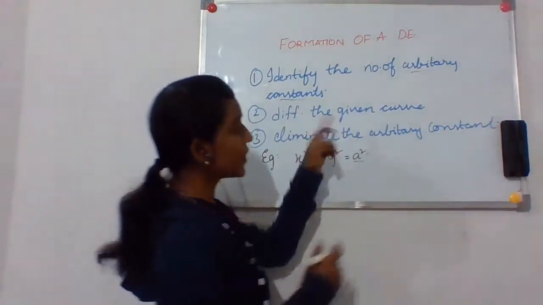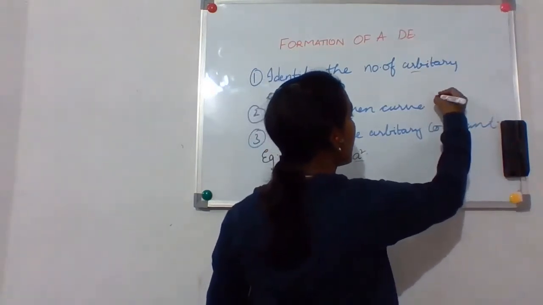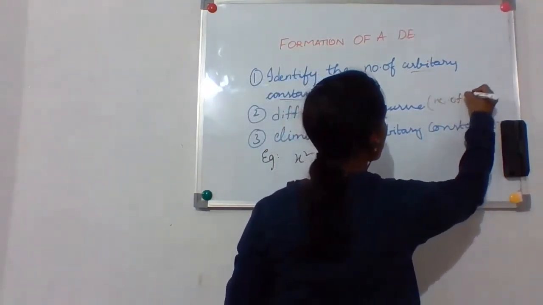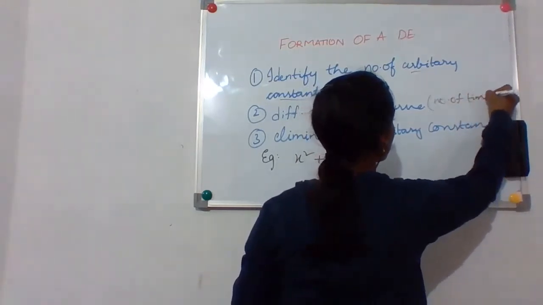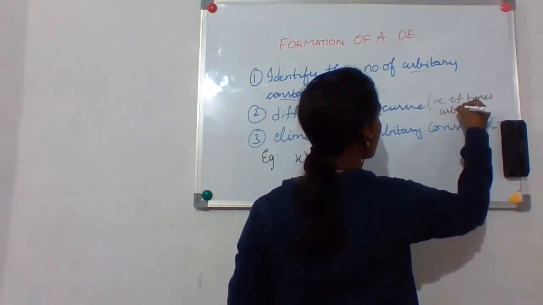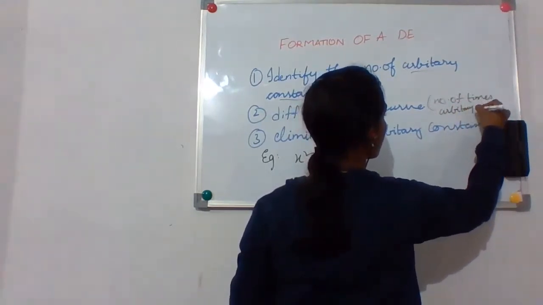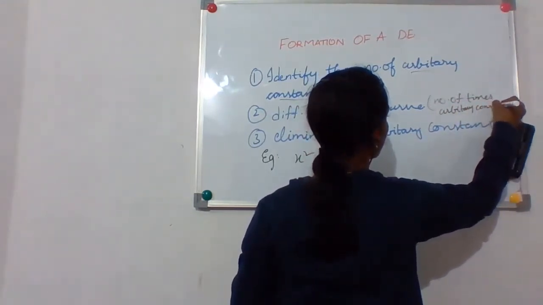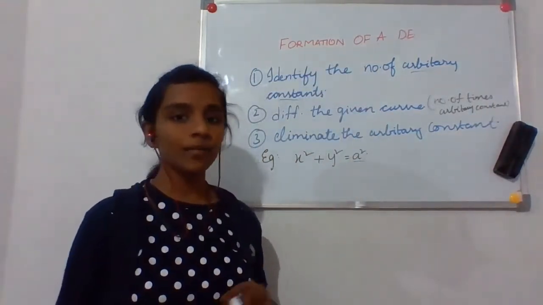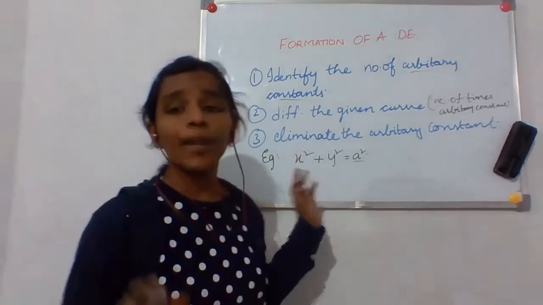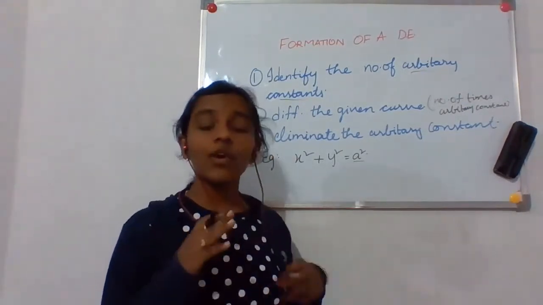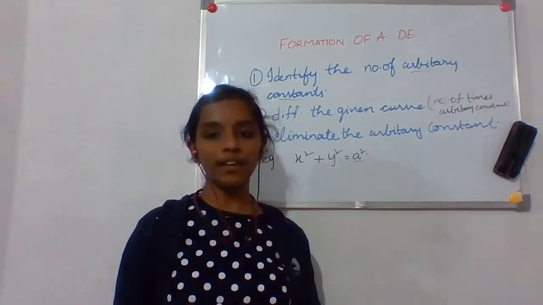You have to differentiate this curve the number of times the arbitrary constant is present. Have you understood? What I am saying is, however many arbitrary constants are present in this equation, that many times you have to differentiate the equation.